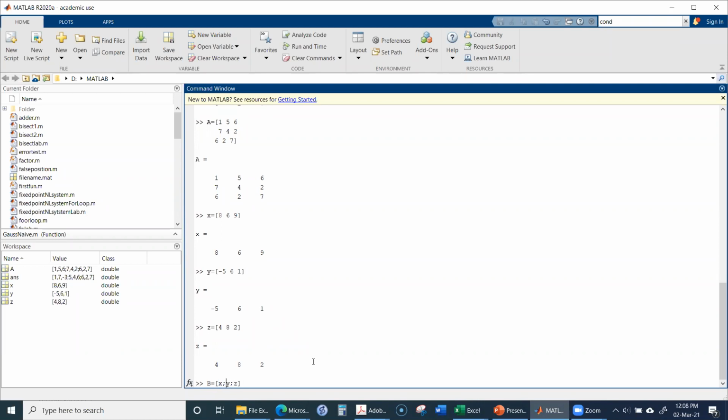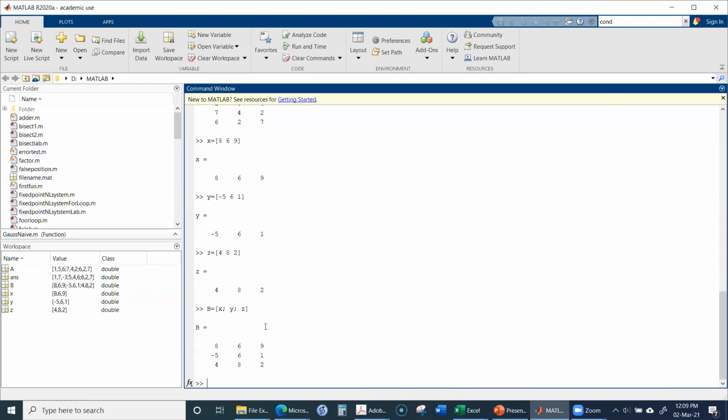There is no need to put a space over here, but for clarity, you can put a space as well. So you put a space or no space, that doesn't matter. You can see that now we have the matrix B: 8 6 9, minus 5 6 1, 4 8 2.